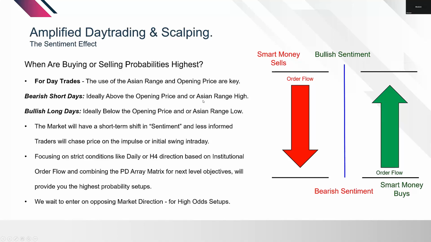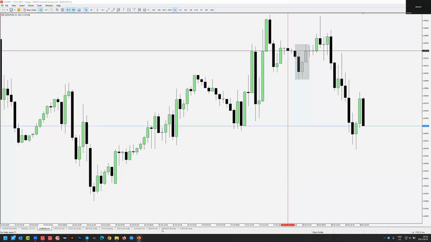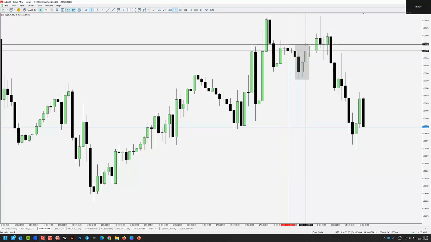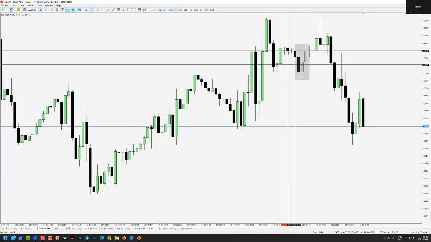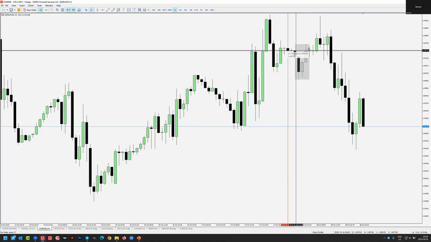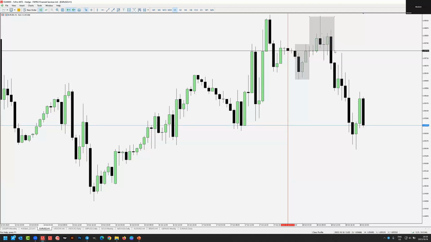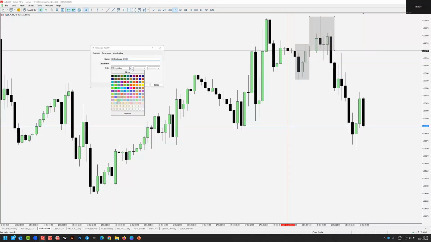The Asian range high is an option, but price being above the opening price of the day, you see? Say today, once you wake up at 7 a.m., you see this price action. You already have Asian high and Asian low. You've got your opening price right here. All the while, when price is up here, that's where you are hunting for shorting opportunities.